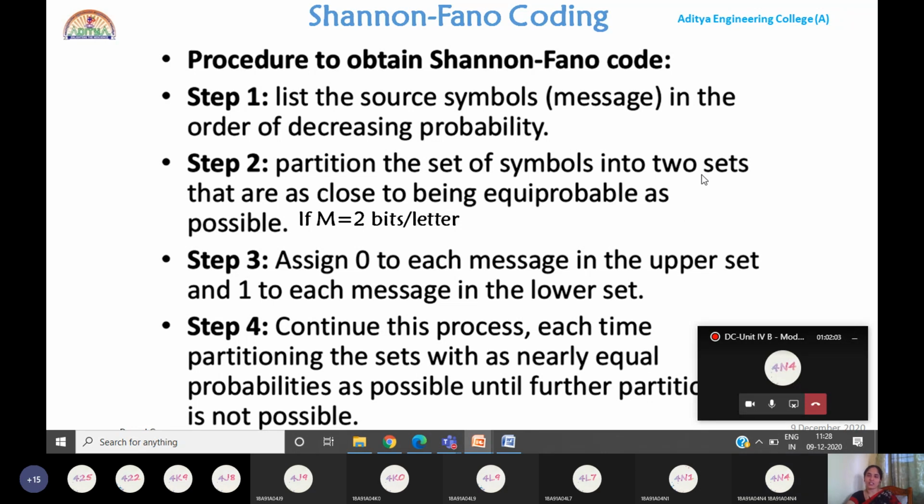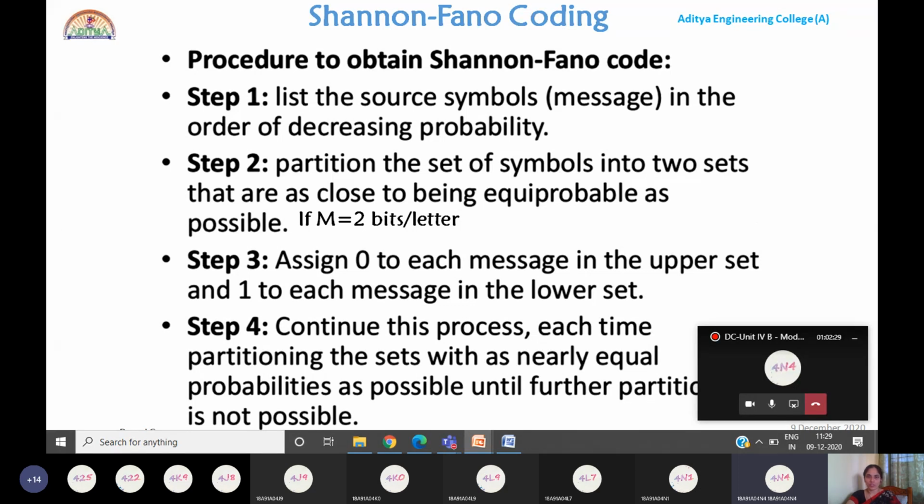So two sets only, can we not divide into 3 sets? We can, ma'am, if M is 3. Okay, so partition the set into M number of subsets. If M is 2, two sets; if M is 3, we divide into 3 subsets. Next, assign 0 to the upper set and 1 to the lower set.